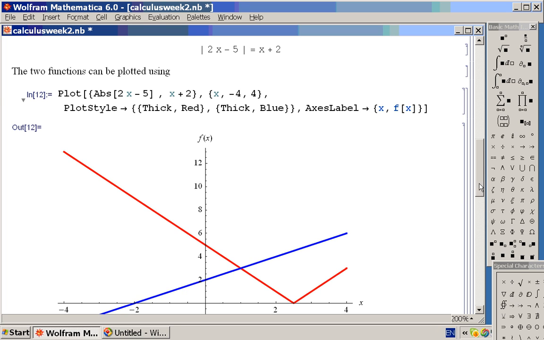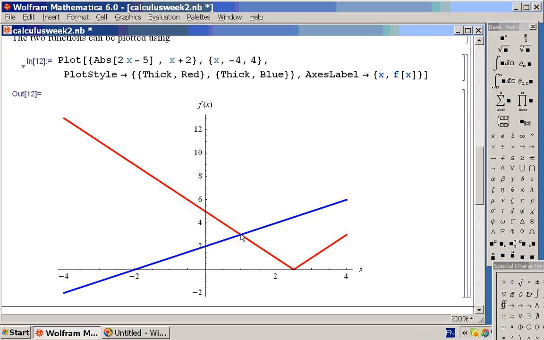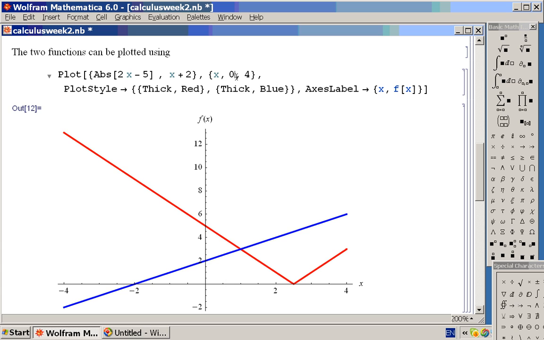So we can see that they cross once here at near x equals 1, and they cross again out here for some larger value. We know that will happen because you see the slope of this curve here is greater than the slope of this one, so eventually this will catch it.